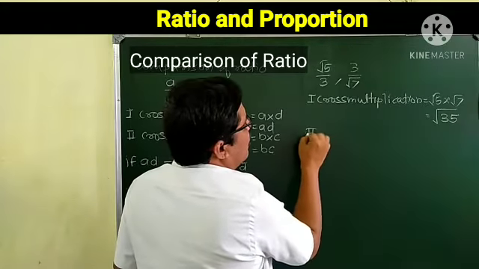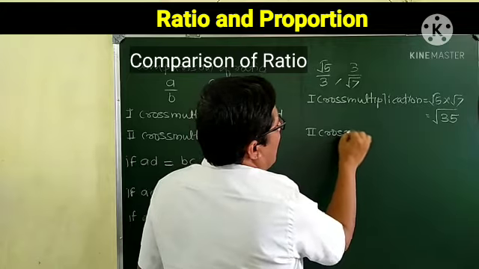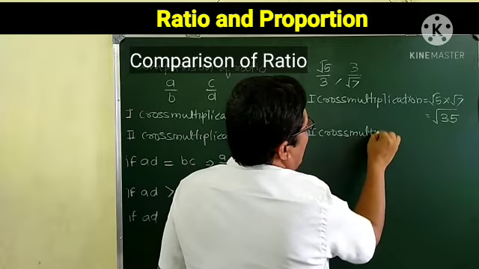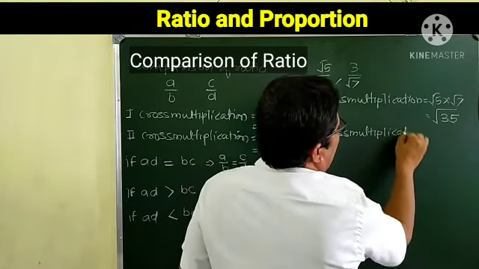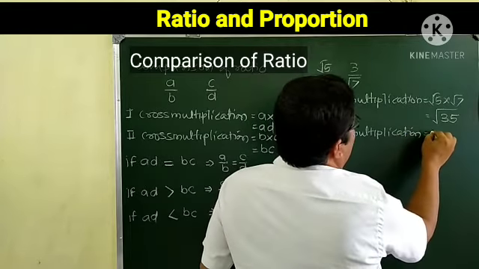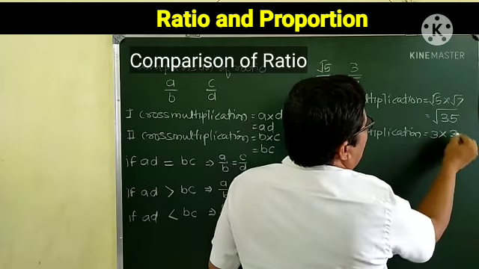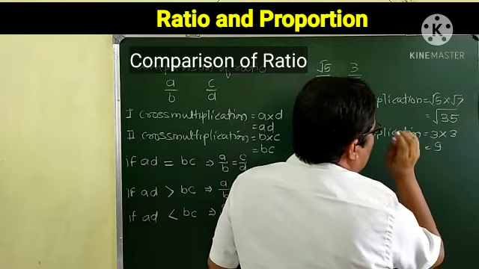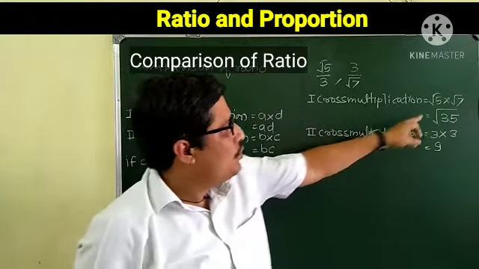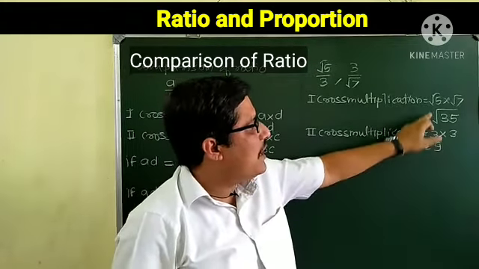Now the second cross multiplication, that is 3 multiplied by 3, 9. Now here these two formats are different.